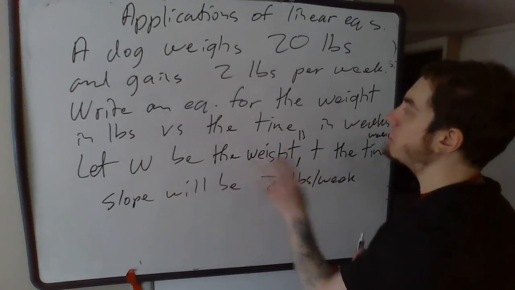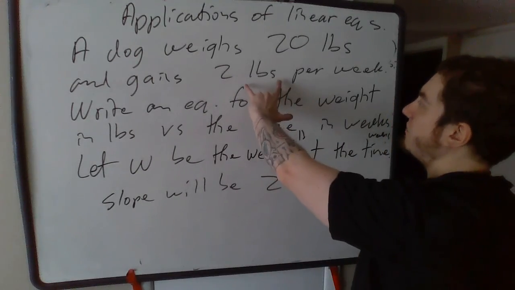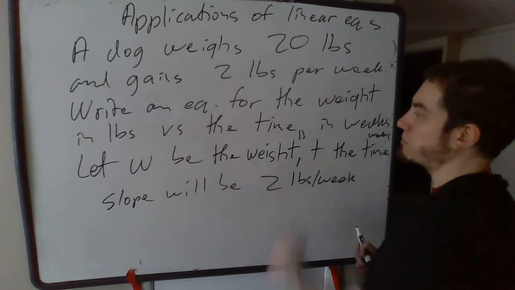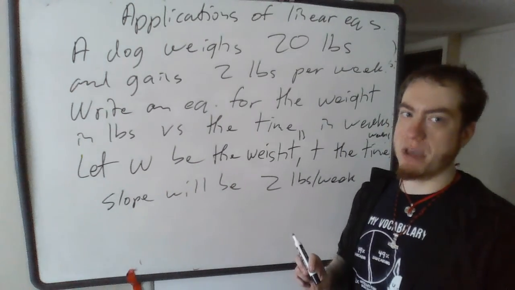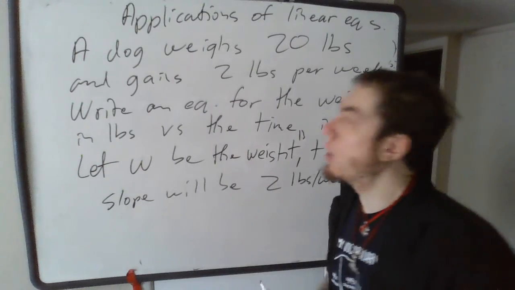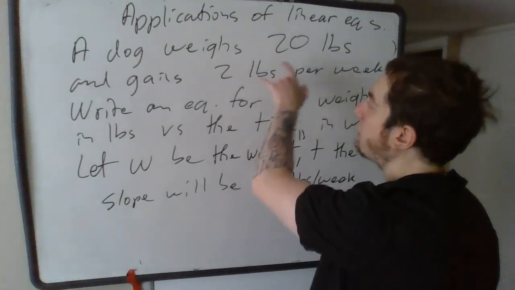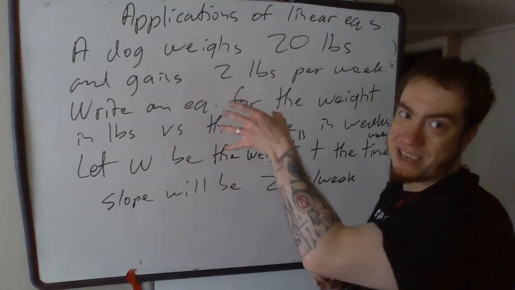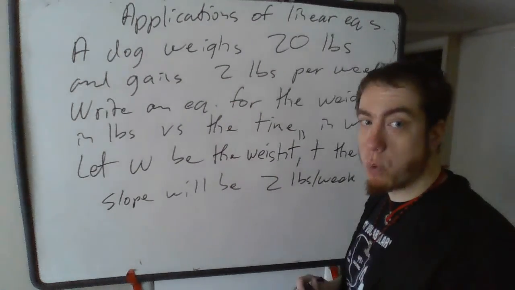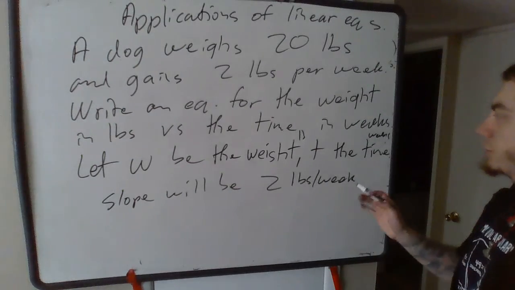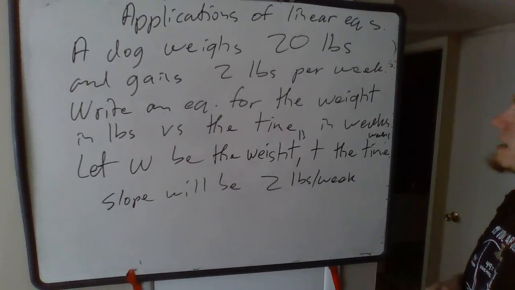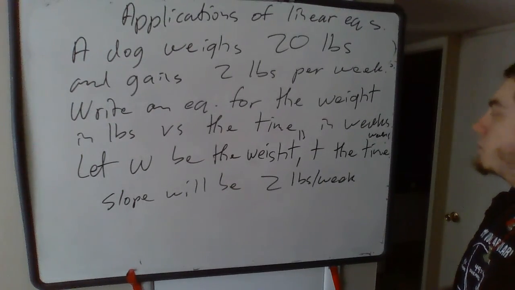Maybe I don't tell you to do the weight in pounds. Well, if this is given in pounds per week, then you had better measure your time in weeks, and you had better measure your weight in pounds, or else you're going to have to convert this rate of weight gain into whatever units you do want to use first. In this case, we're just going to measure weight in pounds and time in weeks.